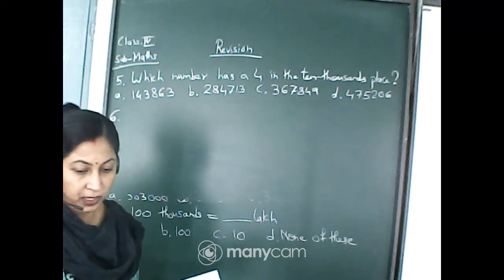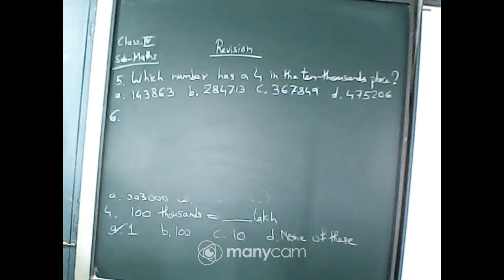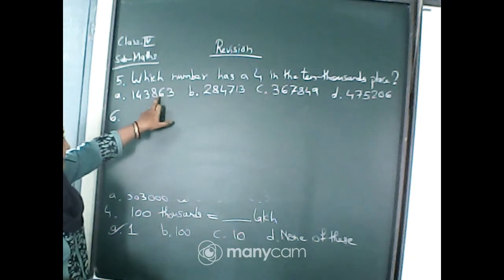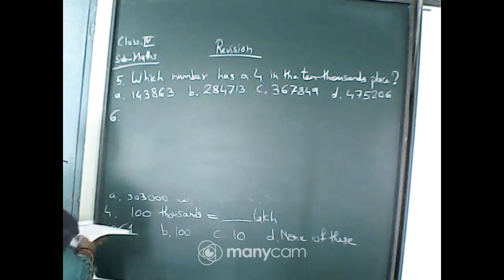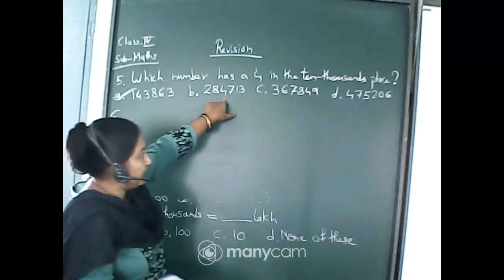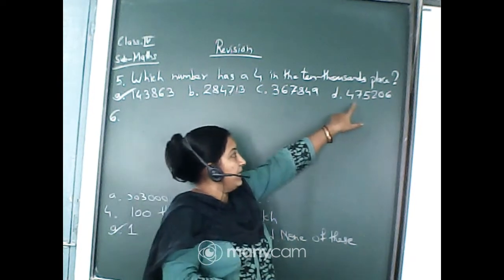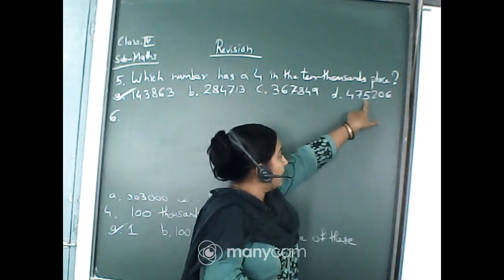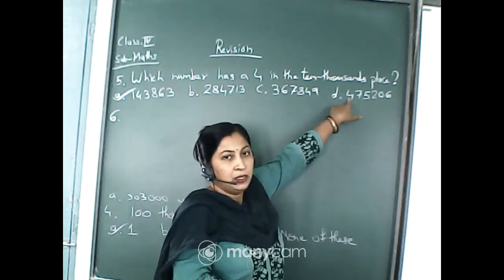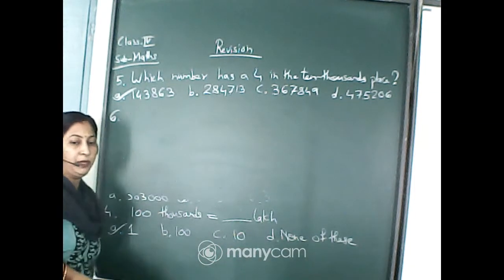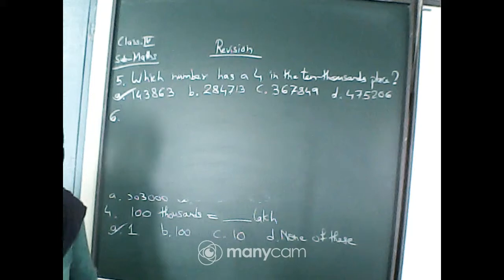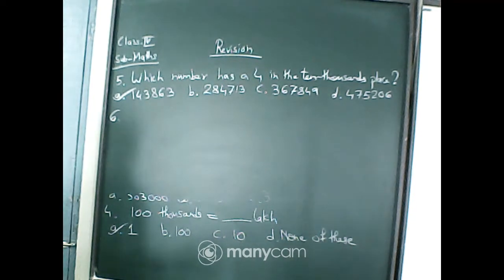It is option number A. When you count ones, tens, 100, 1000, 10,000, that means 4 is in the 10,000s place. Whereas here it is in thousands place, here it is in tens place, and this one is in lakhs place. Only the first option is in the 10,000s place. So the answer is option number A.